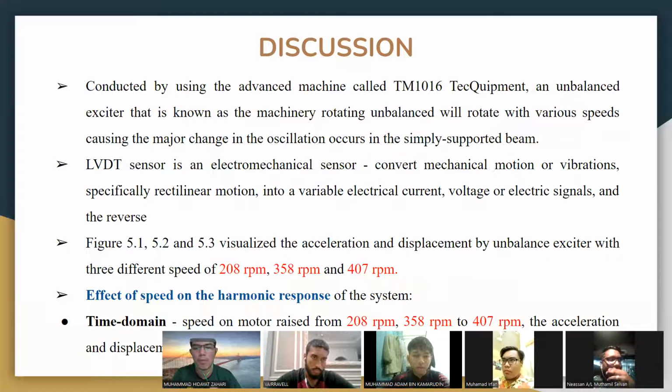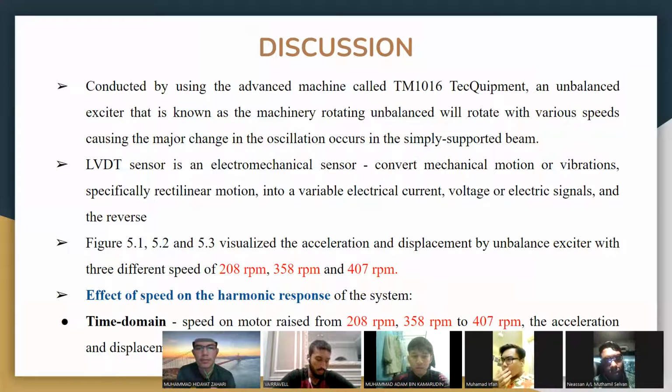All right, thank you, Nathan. So I will proceed with the discussion part. For the discussion part, this experiment is conducted using the SVI machine called STM1016 test equipment, and there is an unbalanced exciter, known as the machinery rotating unbalance, that will rotate with various speeds, causing the major change in oscillation in the simply supported beam.